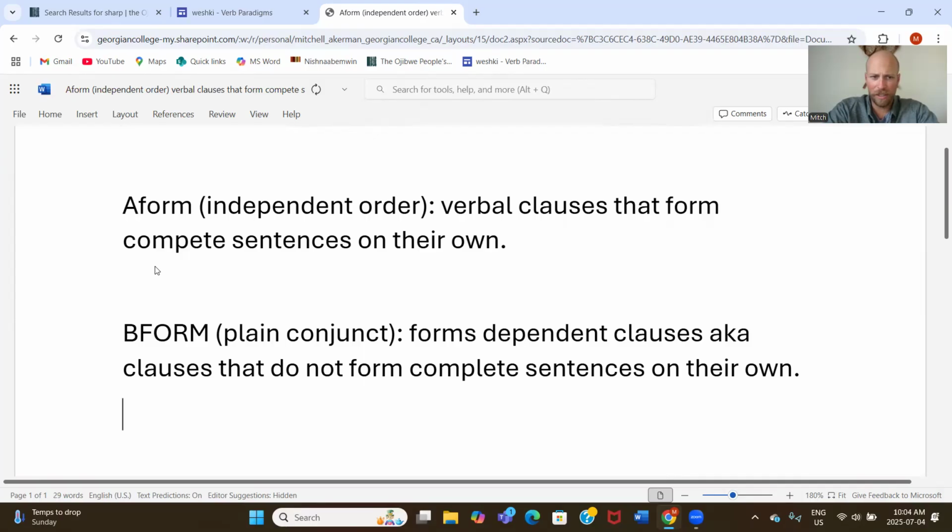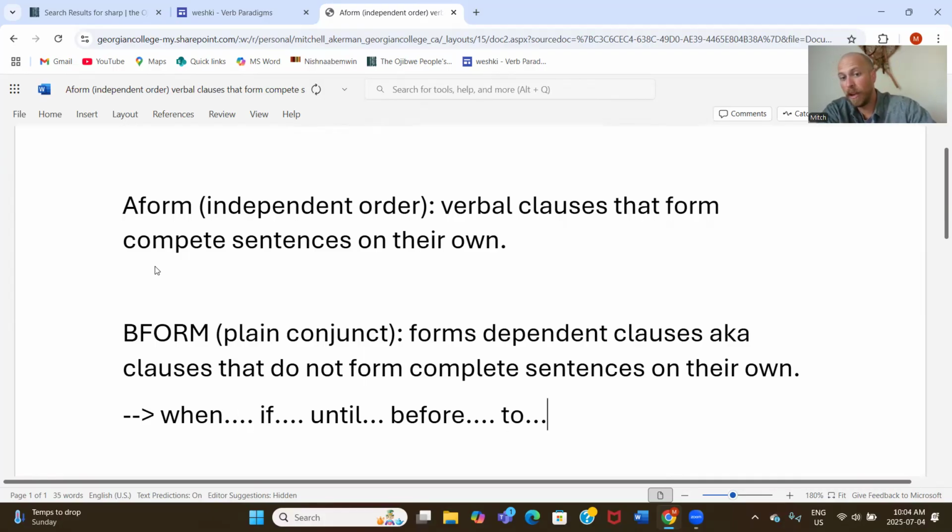Okay, and this is going to give you things like when I'm hungry, if you help me out, until the rain stops, before we're finished. Other things like to, I'm learning to speak Ojibwe, or even things like verbing in a lot of cases, right?